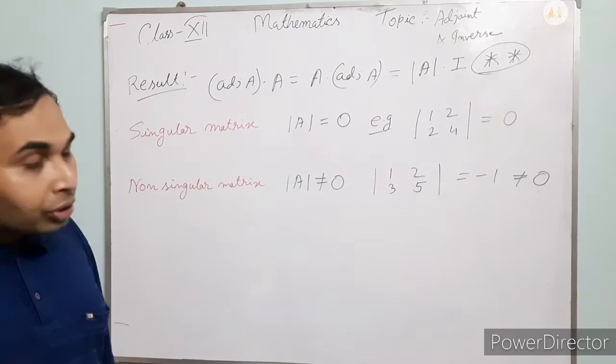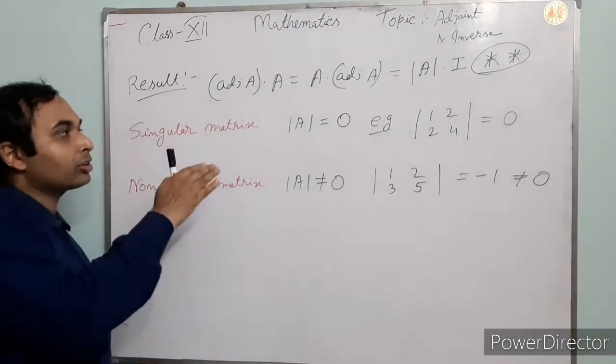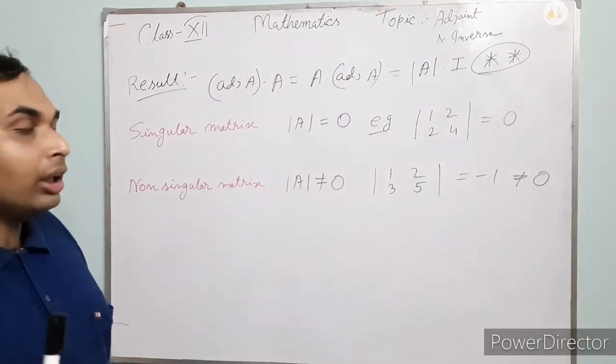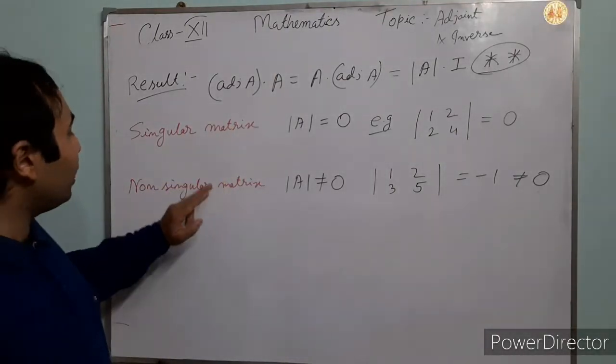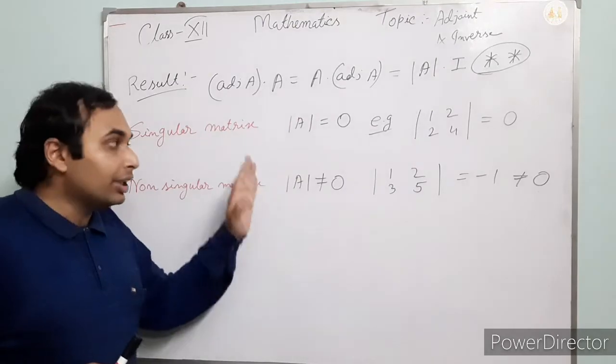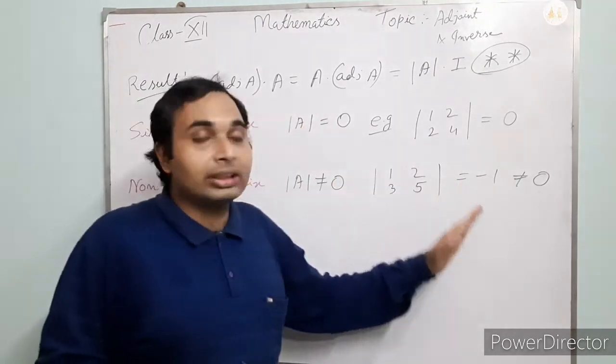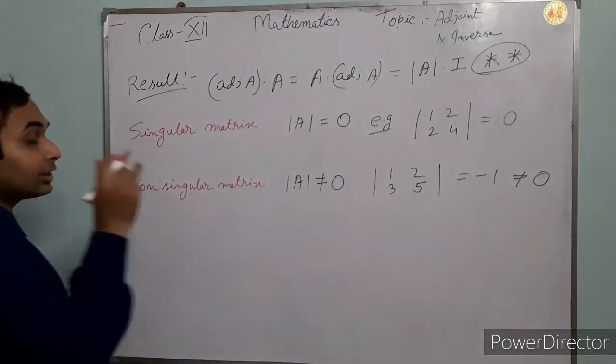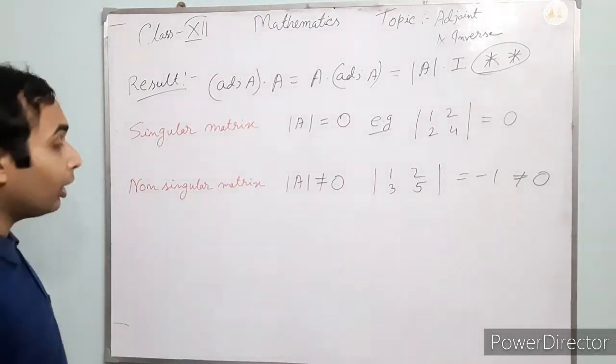We can say the inverse of a matrix exists when the matrix is non-singular. If it is a singular matrix, the inverse doesn't exist. It is the rule and a very important property to check whether the matrix is invertible or not.